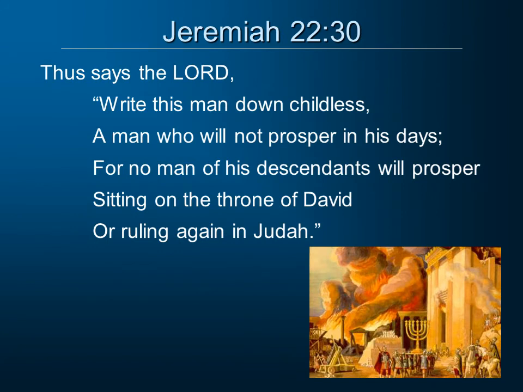The next verse, "Thus says the Lord," and now it's given almost in the sense of a poem, "Write this man down childless, a man who will not prosper in his days. For no man of his descendants will prosper sitting on the throne of David or ruling again in Judah." A curse was put on Coniah that none of his descendants would prosper sitting on the throne of David.